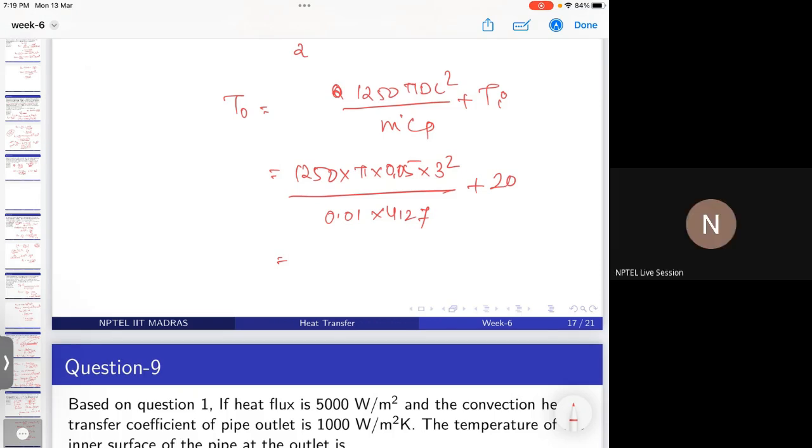Yeah. So the answer is 240. So here it is just a simple energy balance that we have applied. Okay.